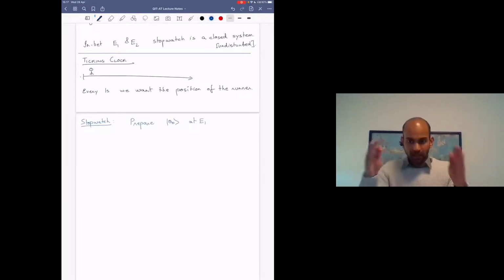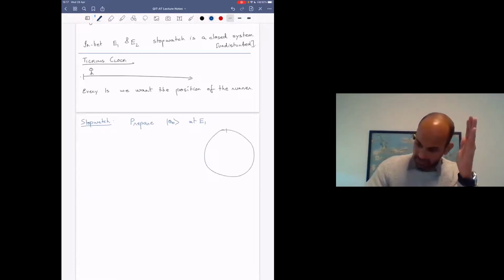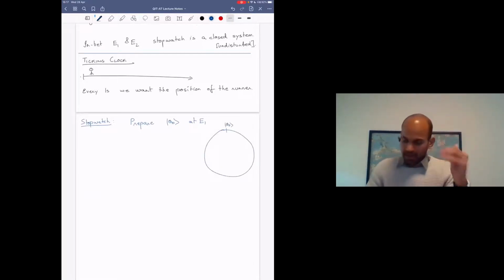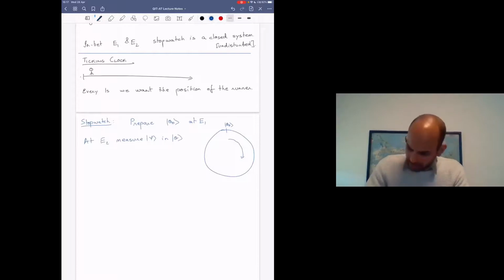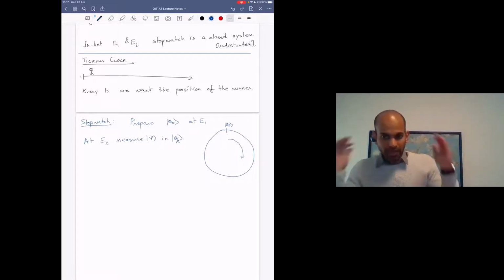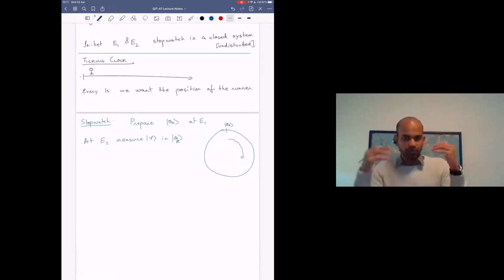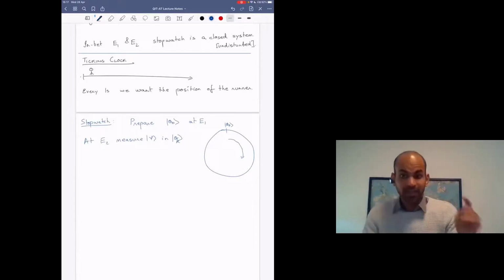So when the runner starts, I start my state in the pair state θ0, and this will continue to evolve in time. And then at E2, we measure psi in the theta k basis. So I make a projective measurement in the theta k basis to find out how much time has passed.